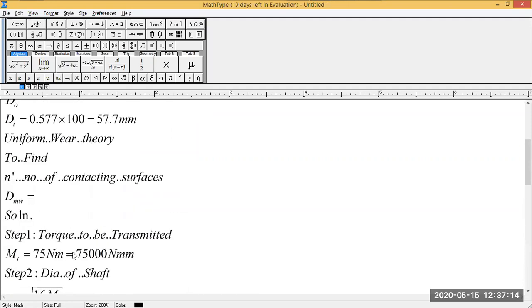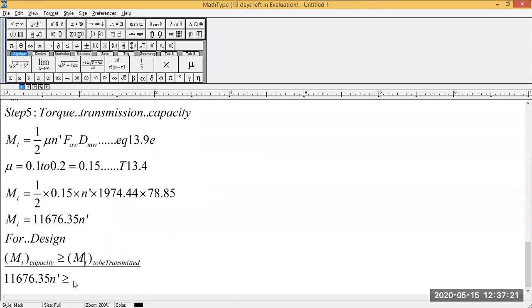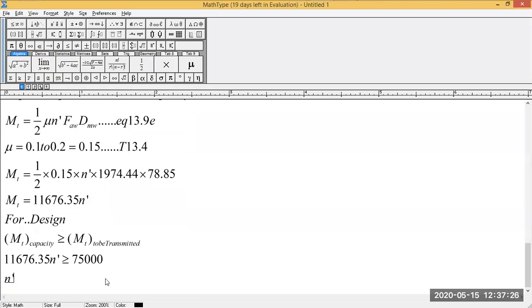That was given directly in the question. It was 75,000. So n dash, the number of contact surfaces, works out to 6.42. We got 6.42. Check once.